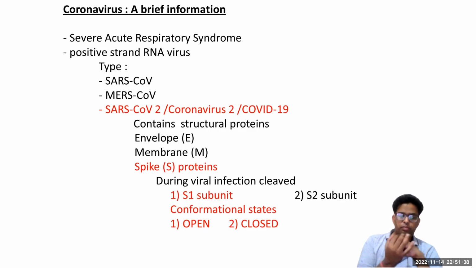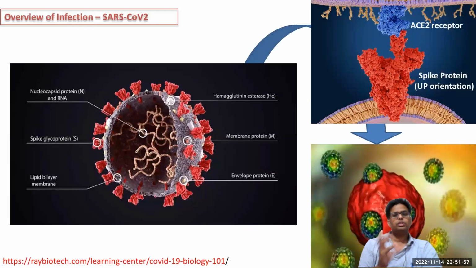SARS-CoV-2 has structural proteins like the envelope protein, membrane protein, and spike protein. The spike protein has an S1 subunit and an S2 subunit, and the S1 subunit has two conformation states, open state and closed state. I will describe this briefly in a later slide. This is the coronavirus. The nucleoprotein is found on the interior and is associated with the RNA genome.